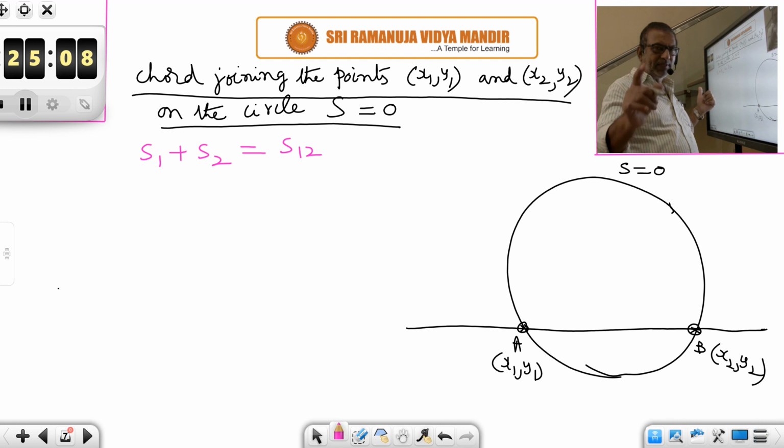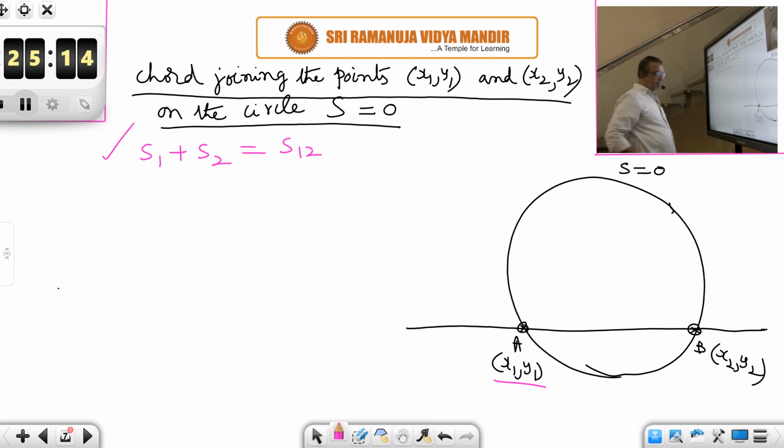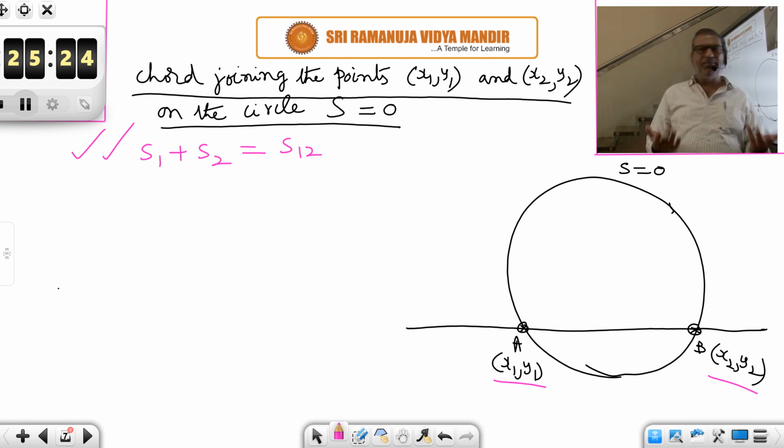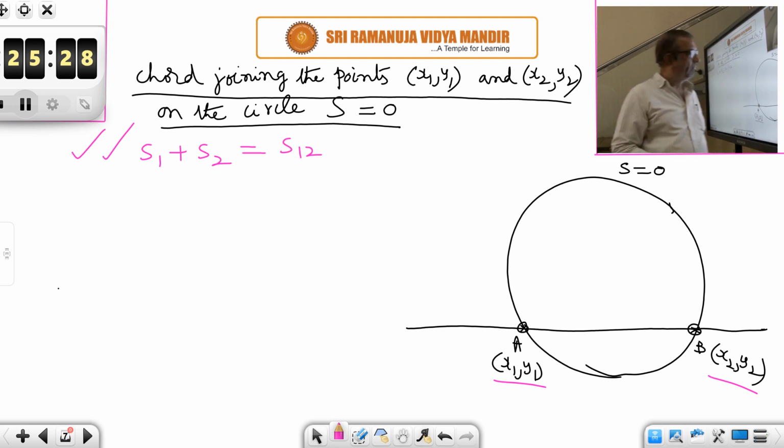Then I will show that x1, y1 satisfies this equation, and then I will prove that x2, y2 satisfies this equation. So it is a line and it is satisfying both the points, which means it must be the line joining the points. That is what I am going to do.